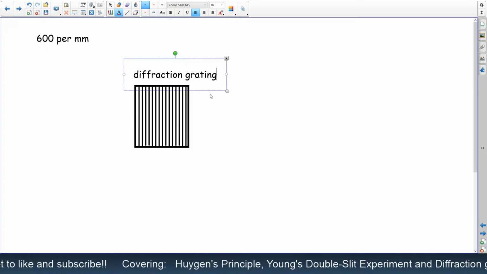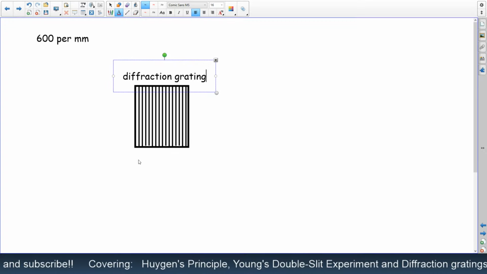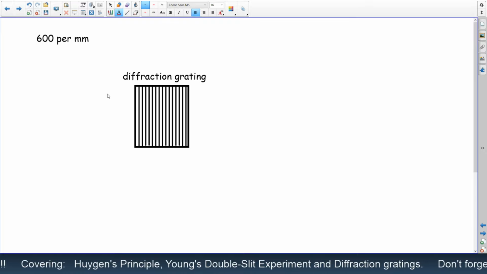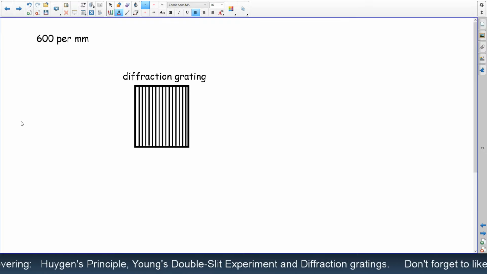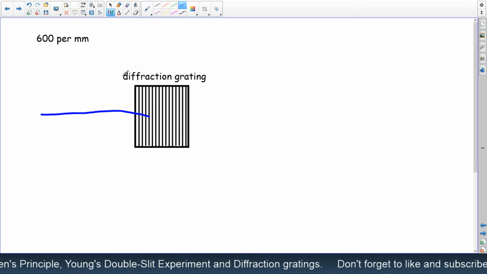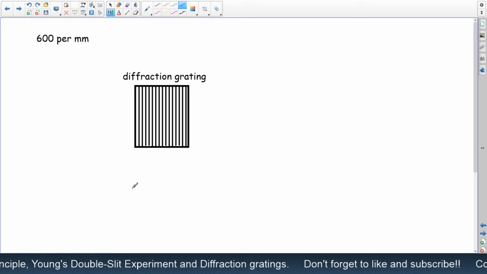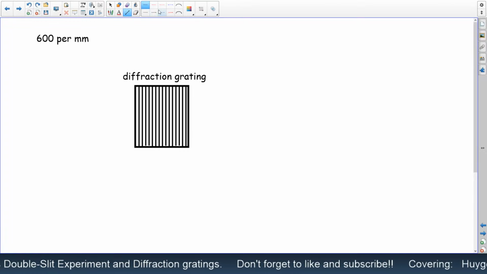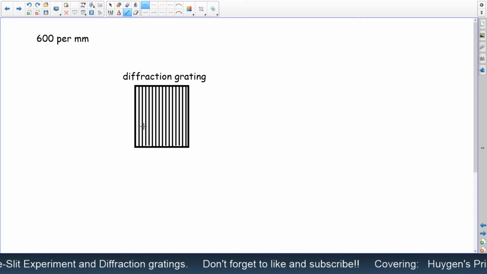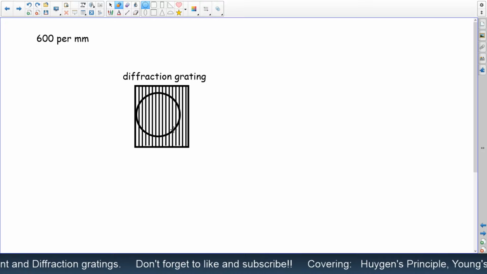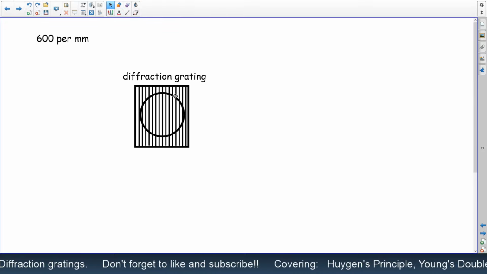It's like a storm drain outside the house: if you have one on the road, the water runs down the street and drops into them. It's a grate. So this is a diffraction grating, and we're going to shine a ray of light at it. Bearing in mind that this is extremely small, our ray of light is going to hit like this.